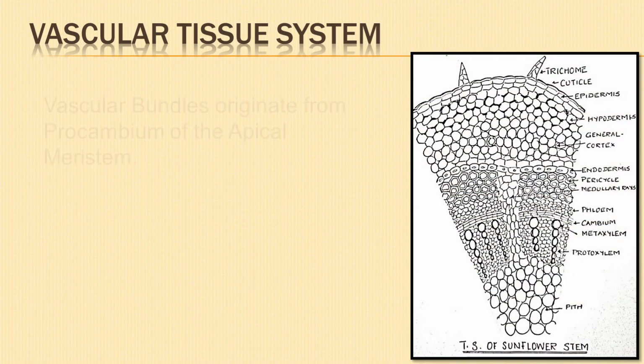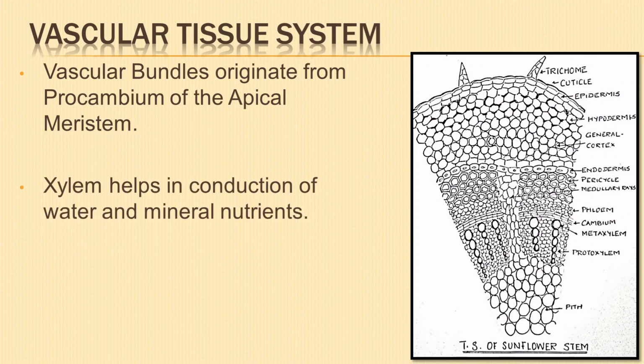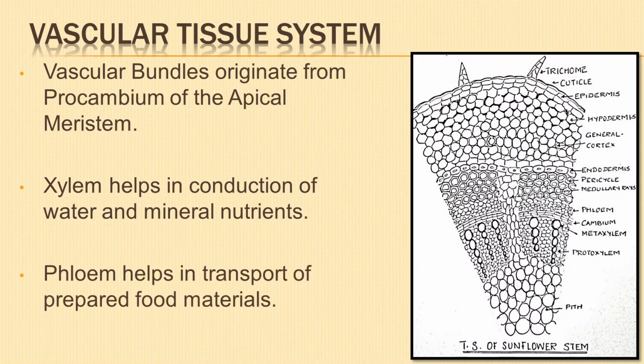Vascular bundles originate from the procambium of the apical meristem. The xylem helps in the conduction of water and mineral nutrients from the roots to the leaves. The phloem helps to transport prepared food materials from the leaves to other parts of the plant.